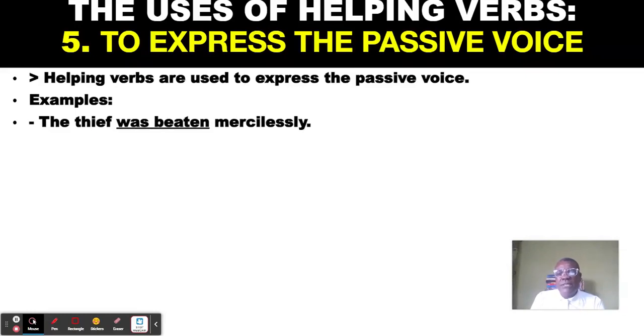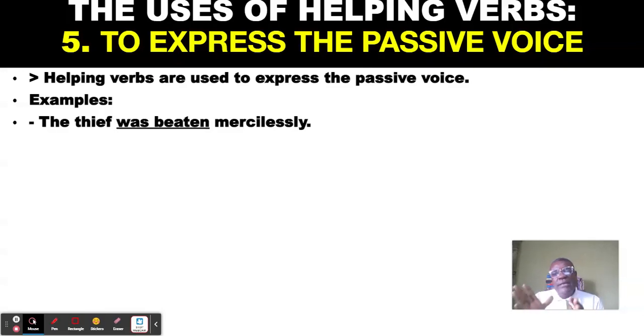The thief was beaten mercilessly. Now, we have two voices, the active voice and the passive voice. The active voice in a sentence is indicated when the subject is the doer of an action.